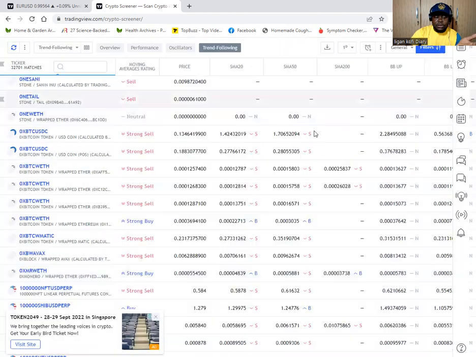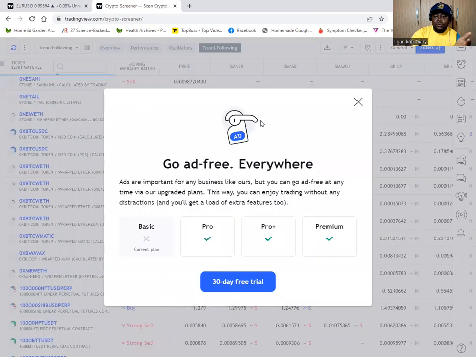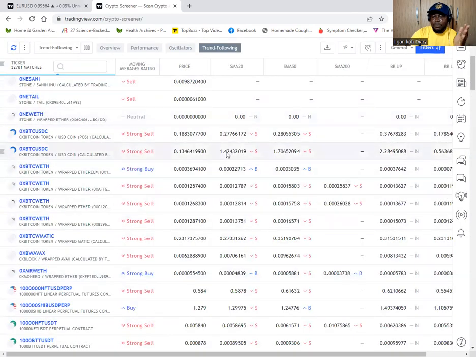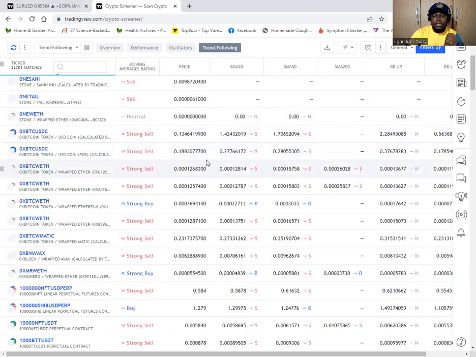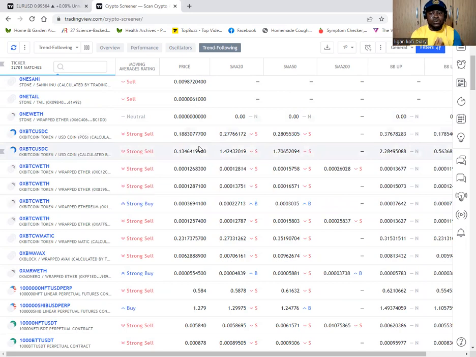If you don't upgrade, you cannot use the smaller time frames. So this might also be helpful. I don't know how helpful this can be to you, but I believe it can be helpful in one way or the other. If you can strategize and add this to your strategy, it may be of help to you.